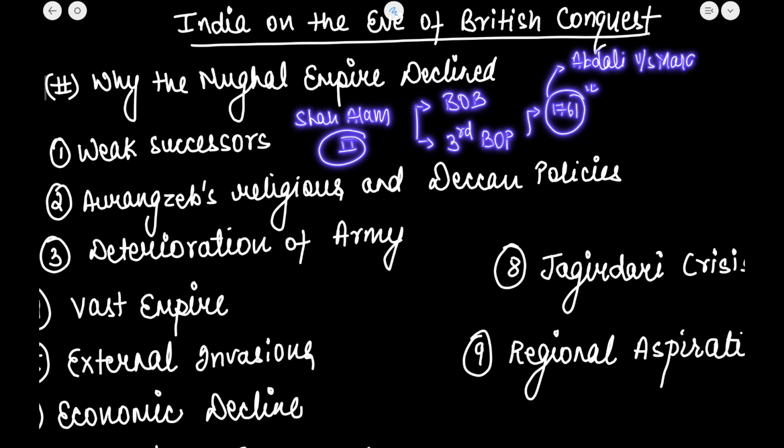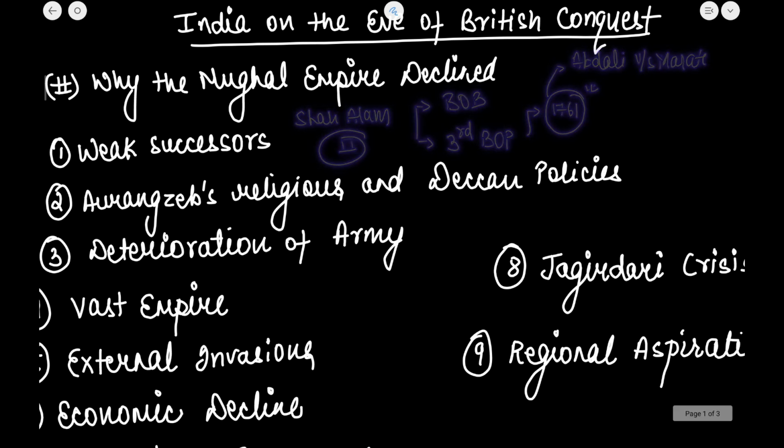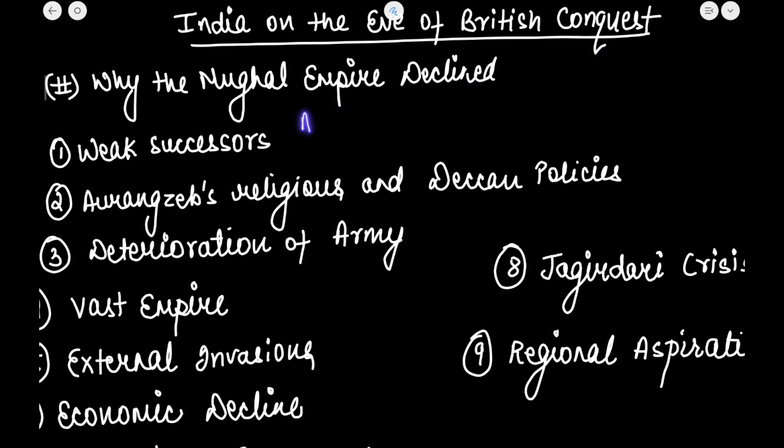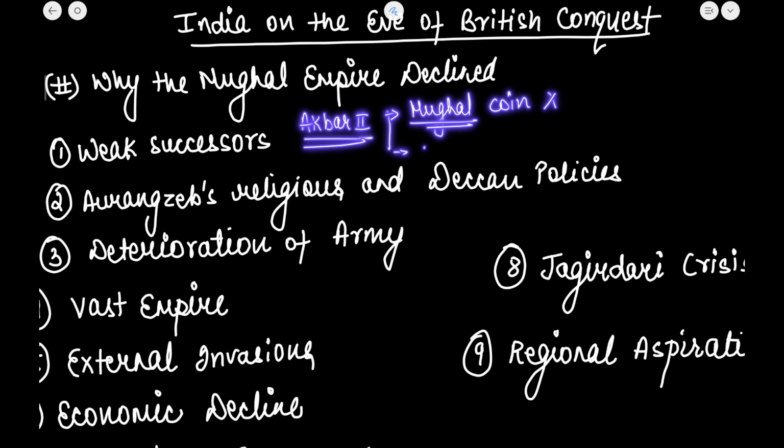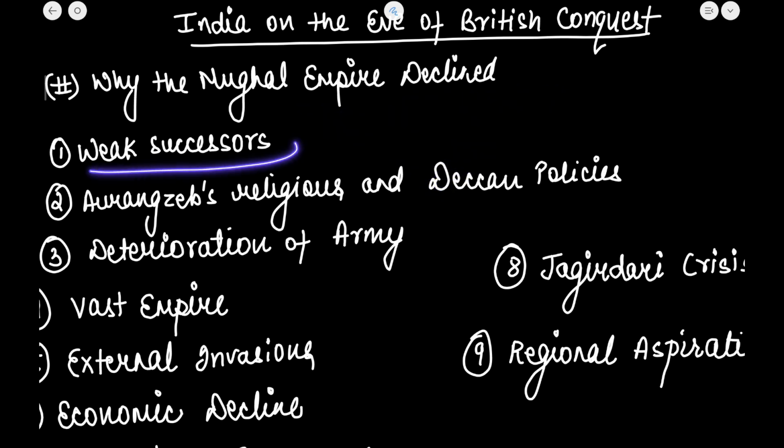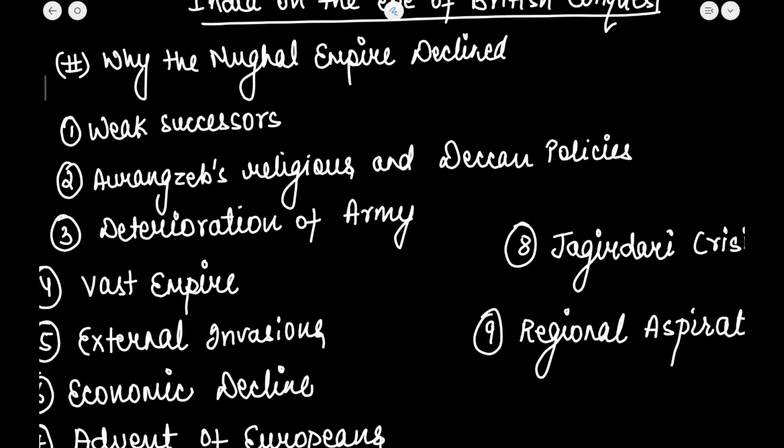Okay, the Marathas were defeated in the third battle of Panipat. Next weak ruler was Akbar II. During Akbar II's reign, Mughal coins that had been issued for a long period of time were completely stopped, and secondly he gave the title of Raja to Ram Mohan Roy. Okay. Now, these were some of the weak successors, so they did not sustain for a longer period of time.